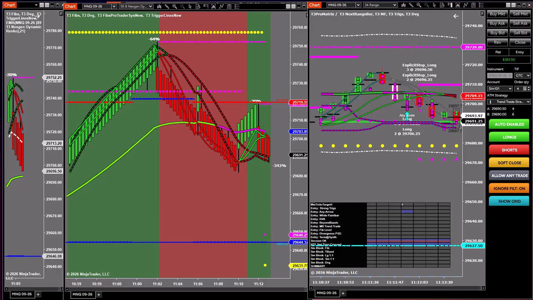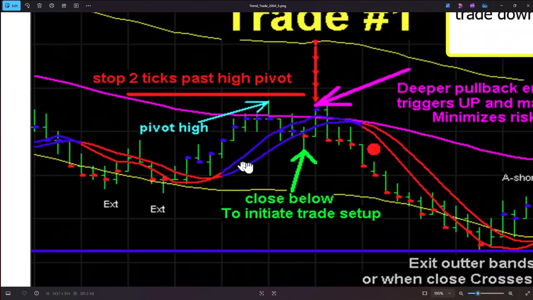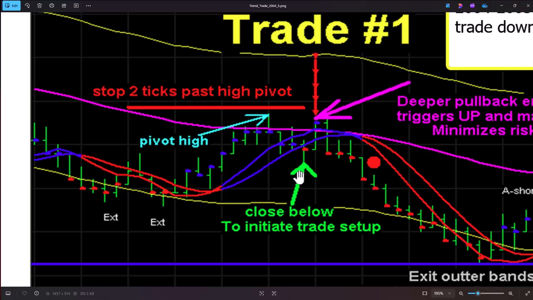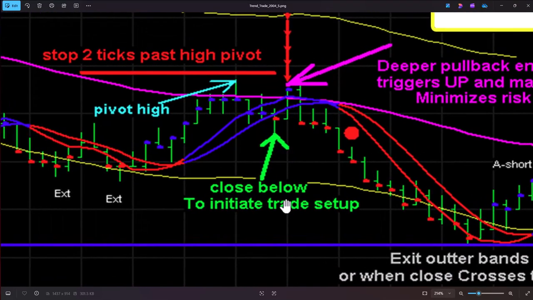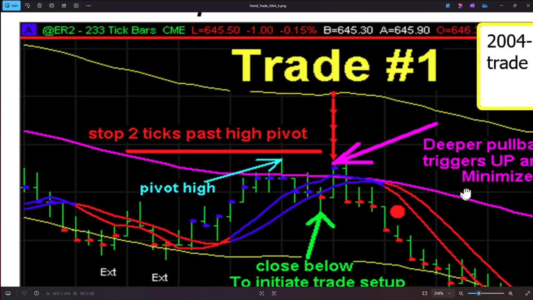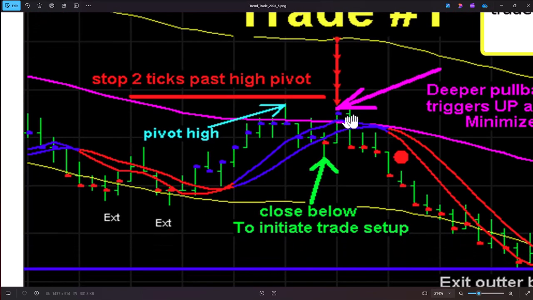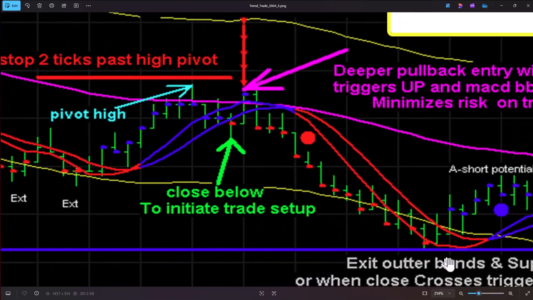And here's my picture from this 2004. But it was kind of the same thing. Again, from a discretionary standpoint, if you just sold the mid band, you're talking about over here. This is 2004, by the way. But waiting for that close below the triggers gives you the opportunity for it to actually hold and go.